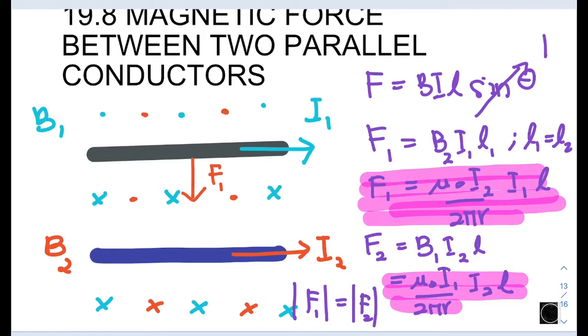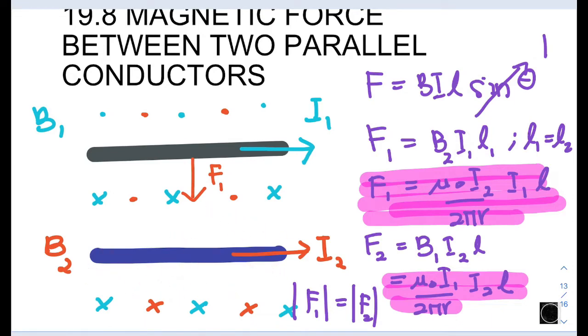Let's try the direction. The direction of F2, the force experienced by wire 2 due to B1. Place your index finger in the direction of I2, and then arrange the rest of your four fingers according to B1, B1 within the area of wire 2.